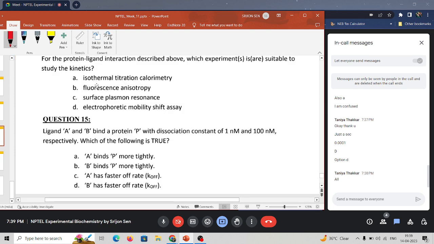Okay. Next question is ligand A and B bind the protein P with a dissociation constant of 1 nanomolar and 100 nanomolar. Which of the following is true? A binds P more tightly, B binds P more tightly, A has faster off rate, or B has faster off rate.